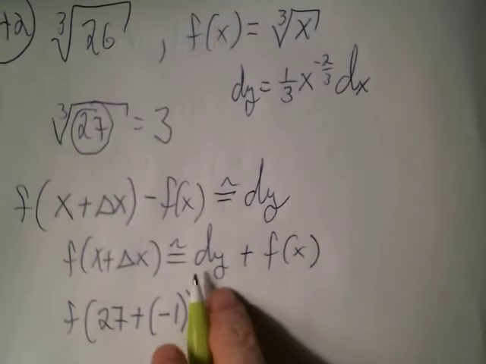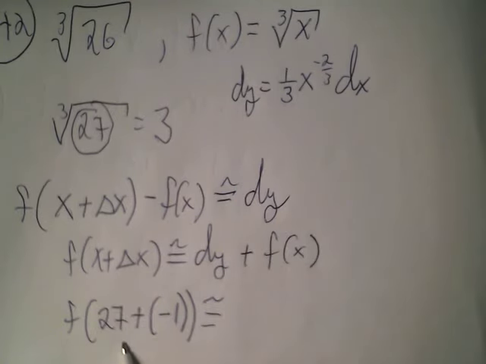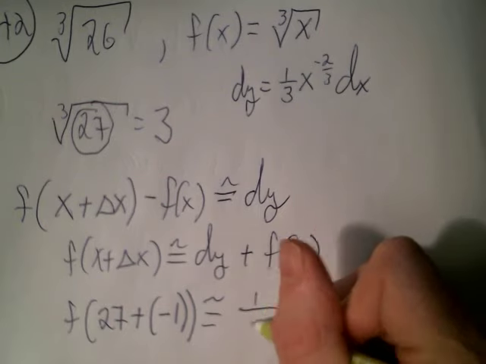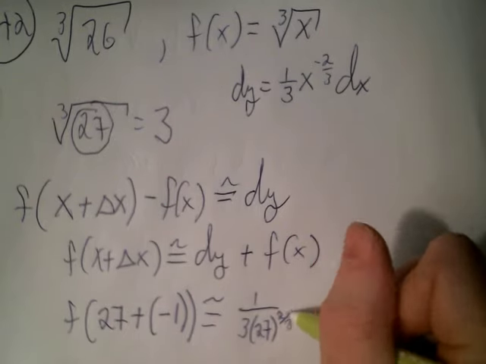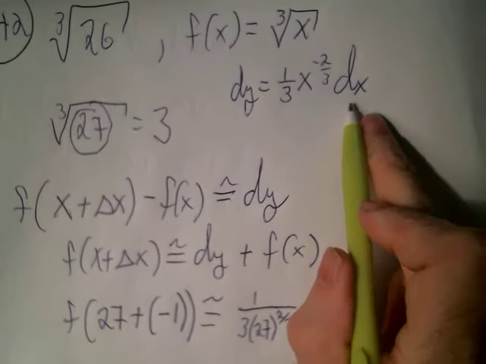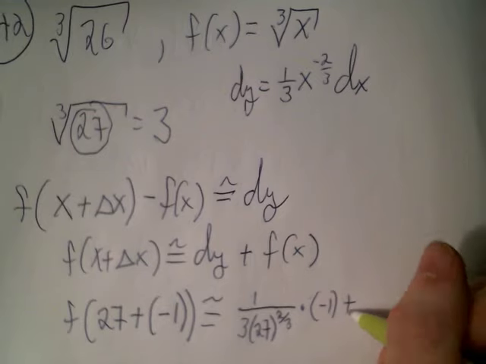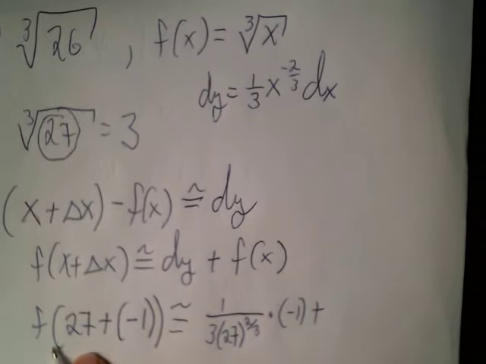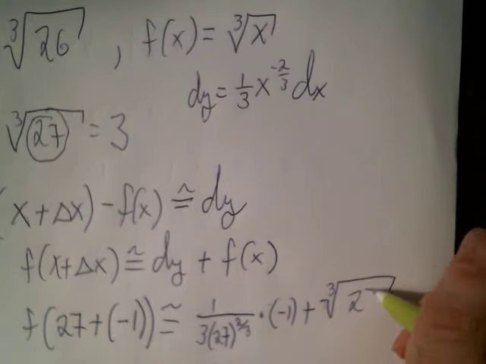And so I just plug my information into this formula. x is 27, so I'll have 1 all over 3 times 27 to the 2/3, and then times the differential of x, which is -1, and then plus f of the particular x value, so plus the cube root of 27, which I know how to do.